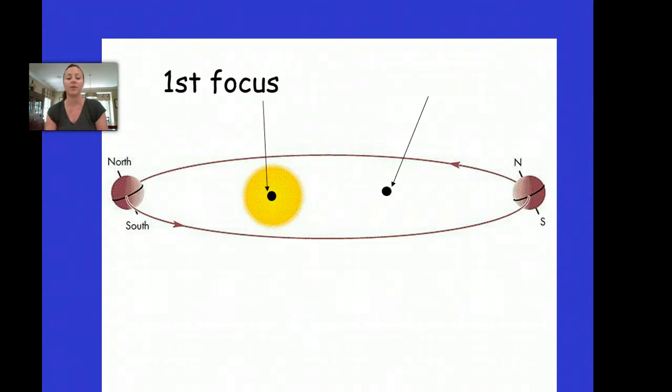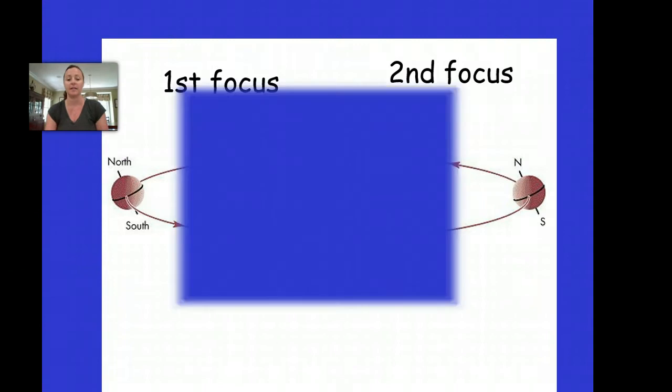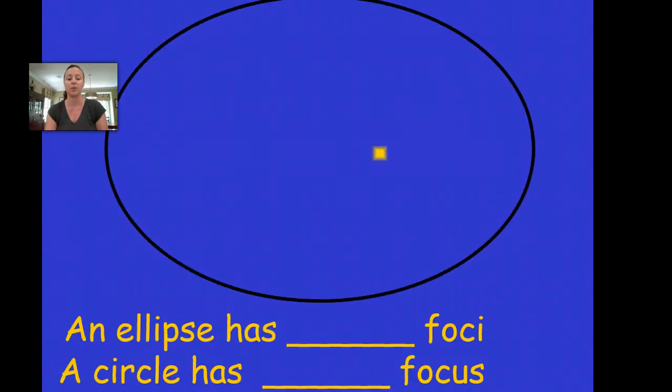There is another focus in the planet's orbit, and that's an imaginary spot. So there are 2 foci. An ellipse has 2 foci, the sun and an imaginary spot. That's what gives it that oval shape.